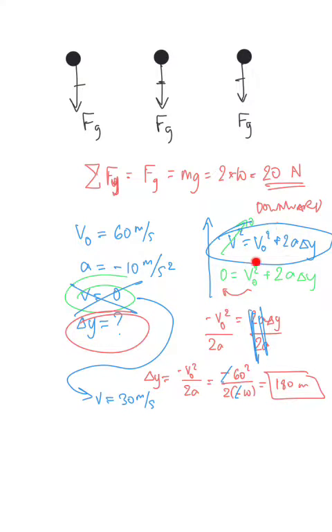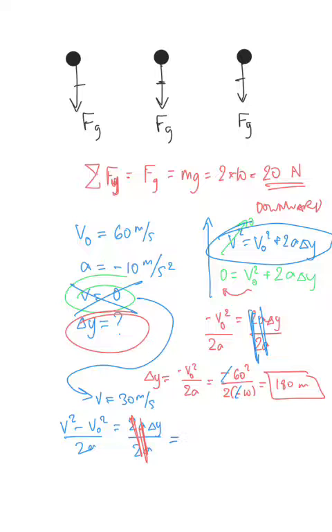So let's rearrange this equation without plugging in a 0. That gives you V squared minus VO squared is equal to 2A delta Y, and then divide both sides by the 2A so that the 2's and the A's cancel, and get all the numbers plugged in.